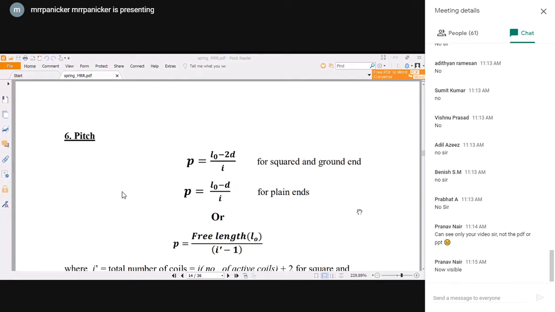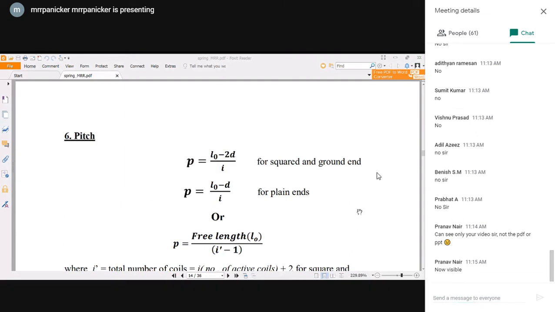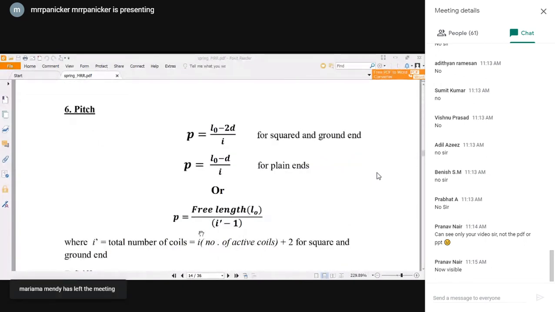If you do not provide that, then the coils will touch each other, and wear can take place. The life will be reduced. So it is very slight, 1 mm or 2 mm. So the free length you can calculate, and from that the pitch can be calculated, where i dash is the total number of coils.